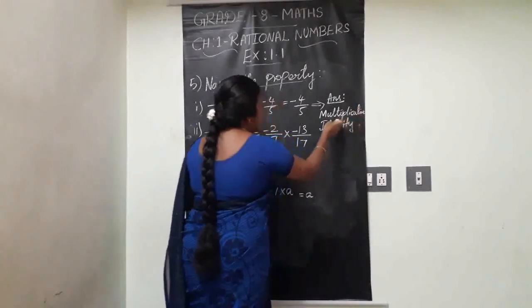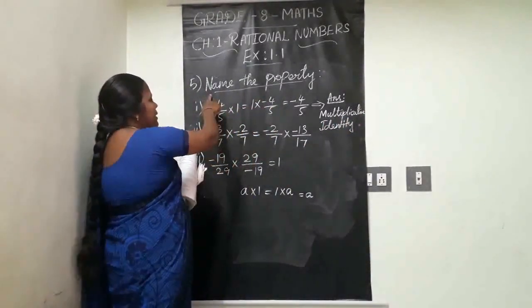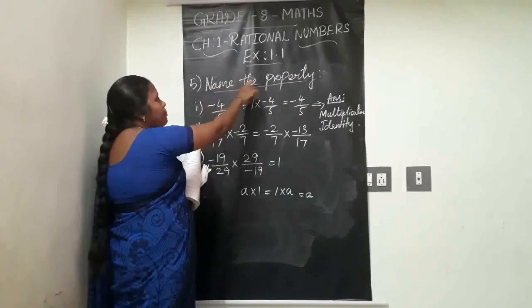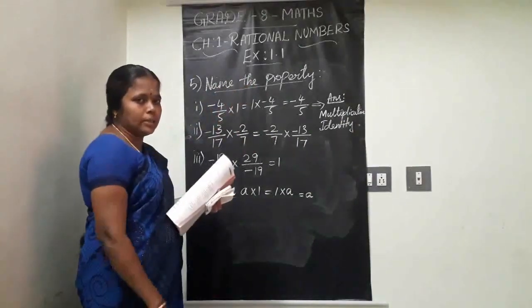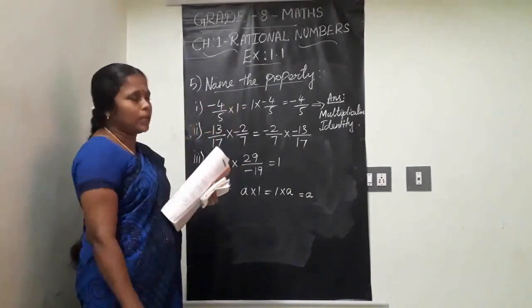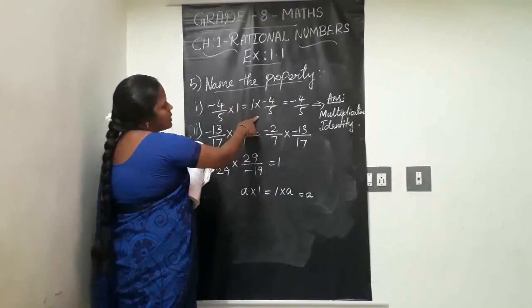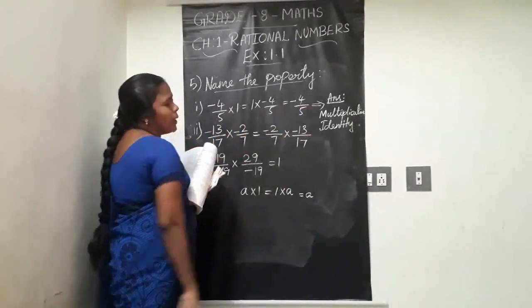Clear? My heading is, again I am telling, name the property under multiplication used in each of the following. The property name only we have to pick out. So in the first question, the property coming is multiplicative identity.